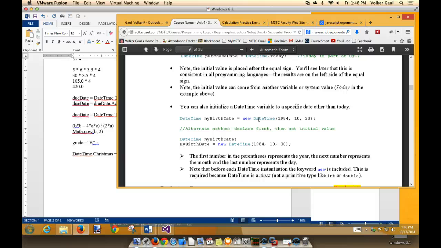DateTime.Today is a special case that automatically makes one. But if you want a regular date, a different date other than today or now, then you have to say new. Here it is on 2 lines. Both acceptable. The only thing with 2 lines, you have to remember that you put the variable on the left-hand side of the equal sign.